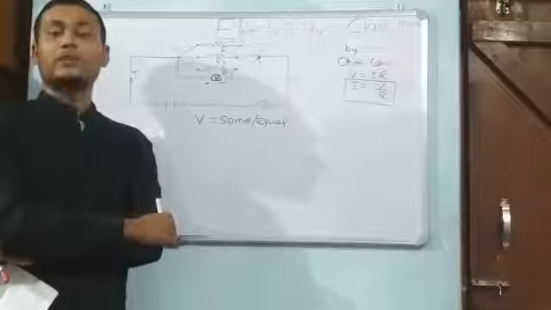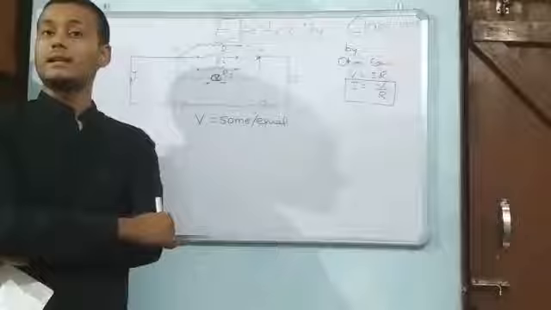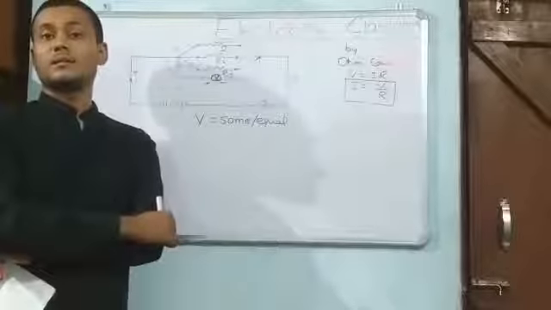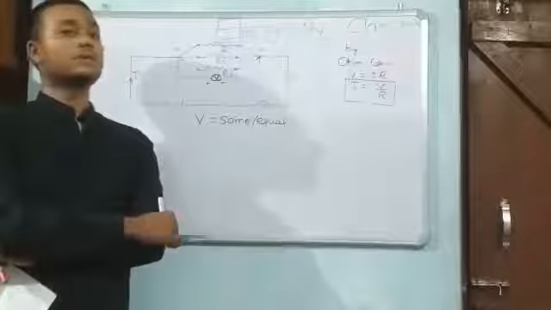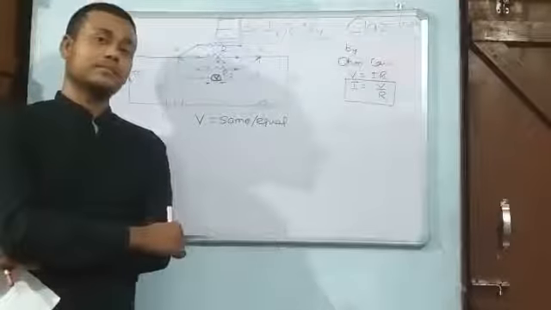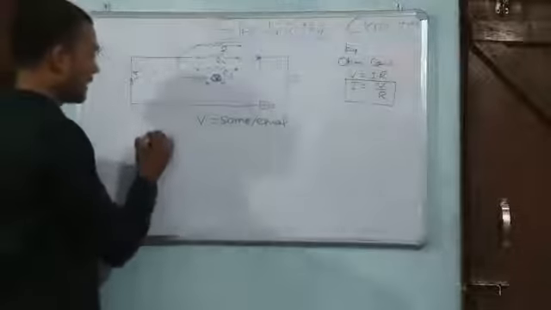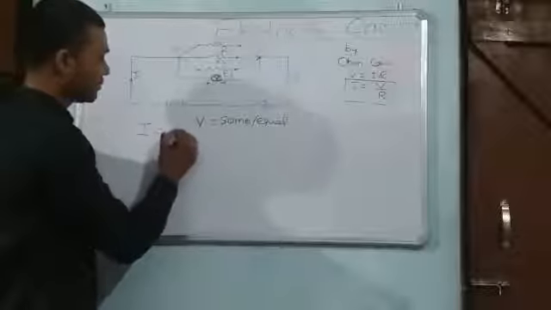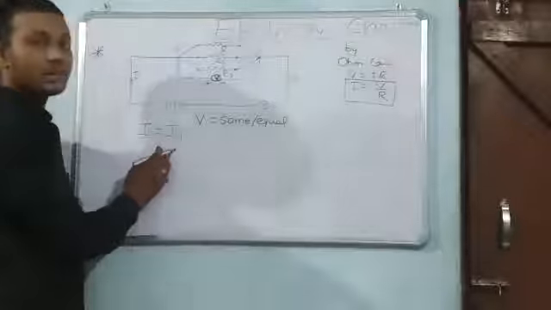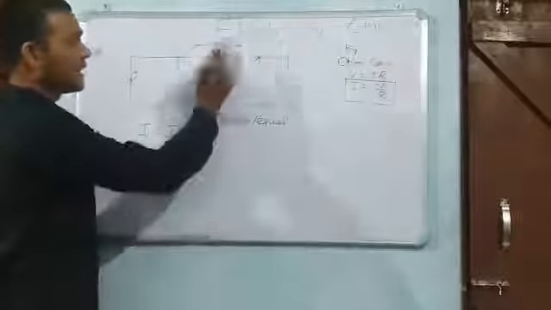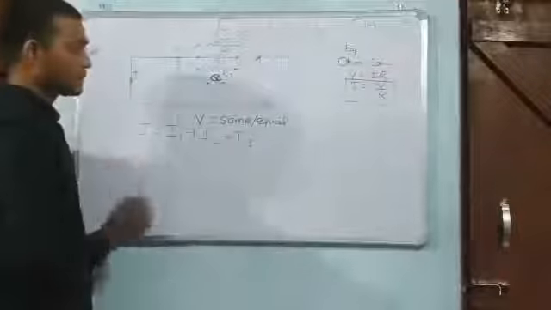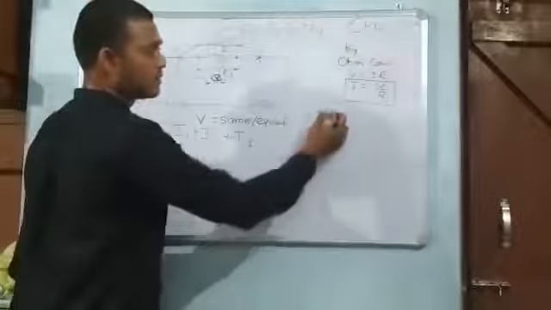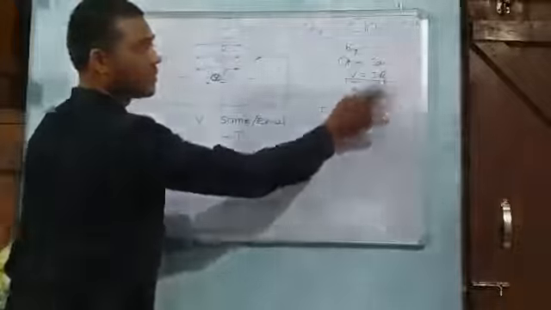So we have to find the equivalent current, which is equal to the summation of all the individual resistors' currents. It means I equivalent is equal to I1, which is the current flowing in the R1 resistor, plus I2 in the R2 resistor, plus I3 in the R3 resistor.